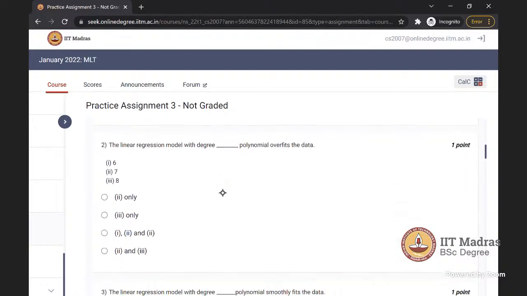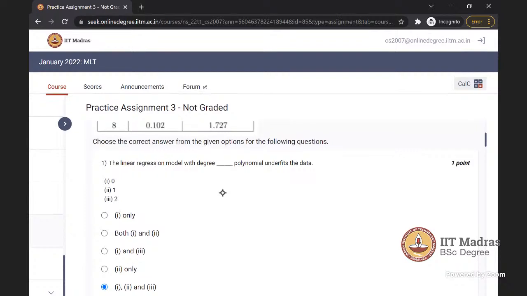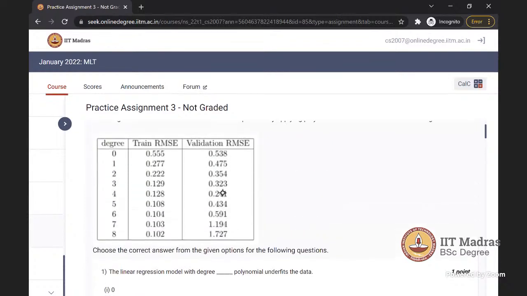Question number 2: the linear regression model with degree blank polynomial overfits the data. The options are 6, 7, and 8. Same thing: when the degree is above 4, everything will overfit. Exactly.